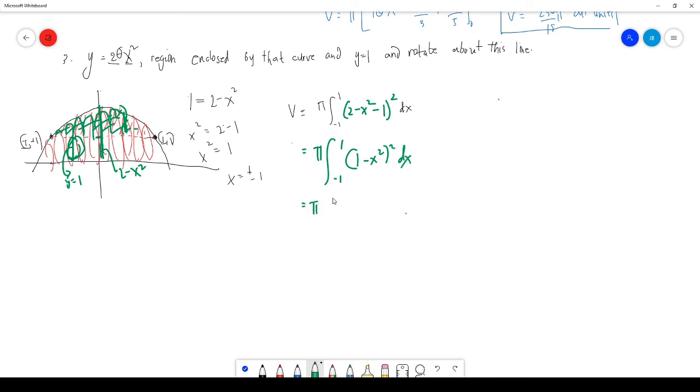Alright, to integrate the function, let's simplify by distributing. So that is 1 minus 2x squared plus x to the fourth, then dx.